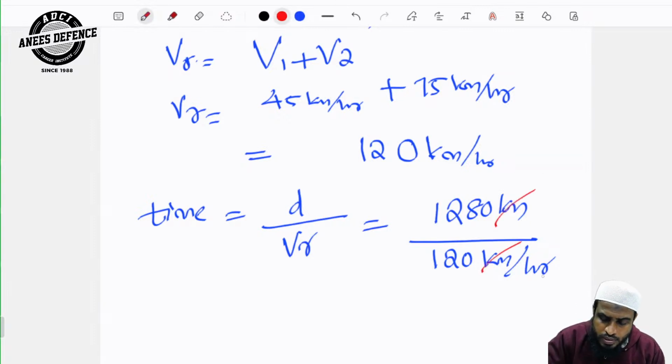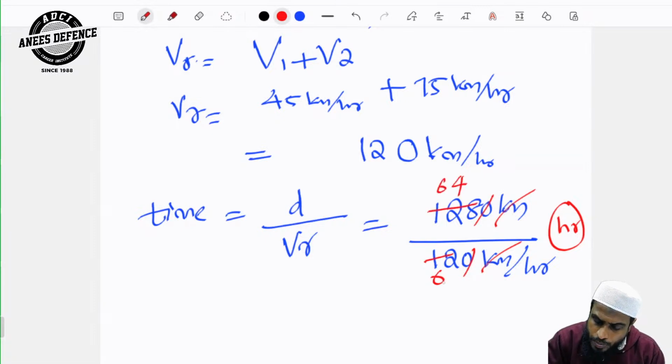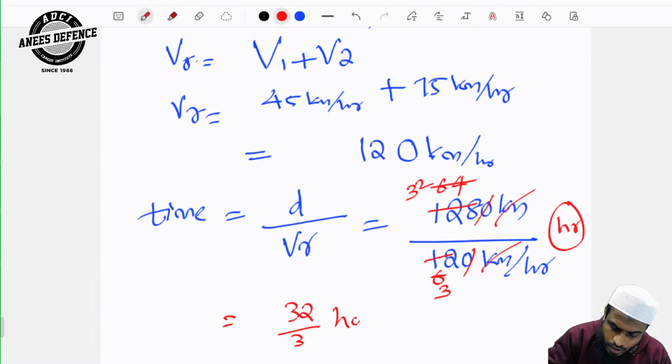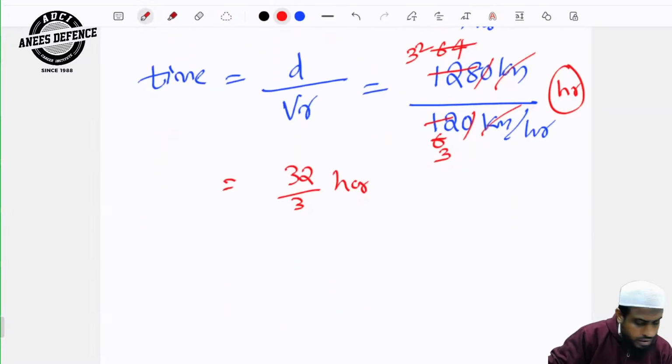Kilometer cancels, then kilometer per hour, so this hour will come to the top side. So this zero cuts. 6 into 2, 6 into 2, 4 into 2, then 3 into 2, 3 into 2, and 2 into 2. So 32 by 3 hours.